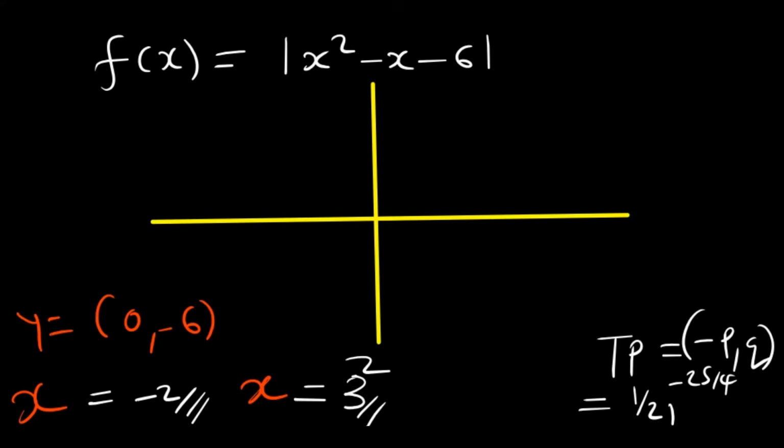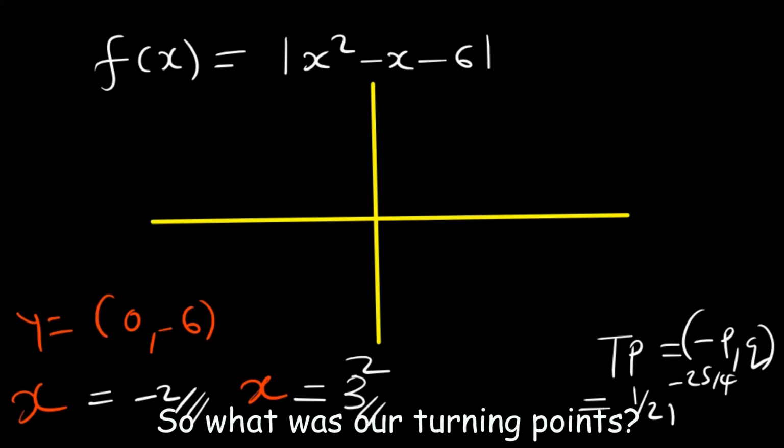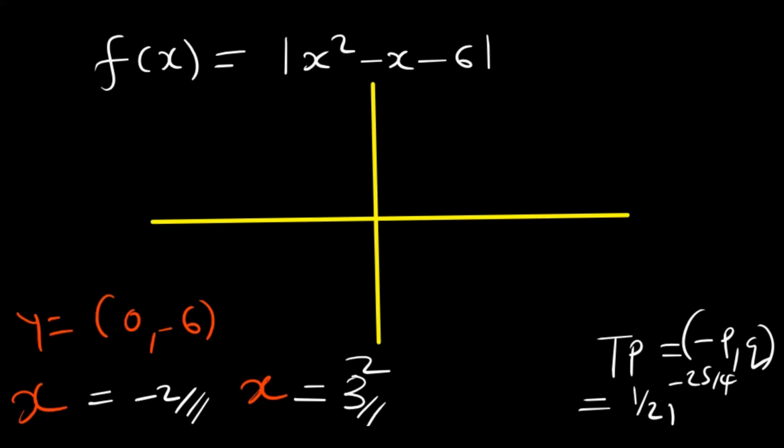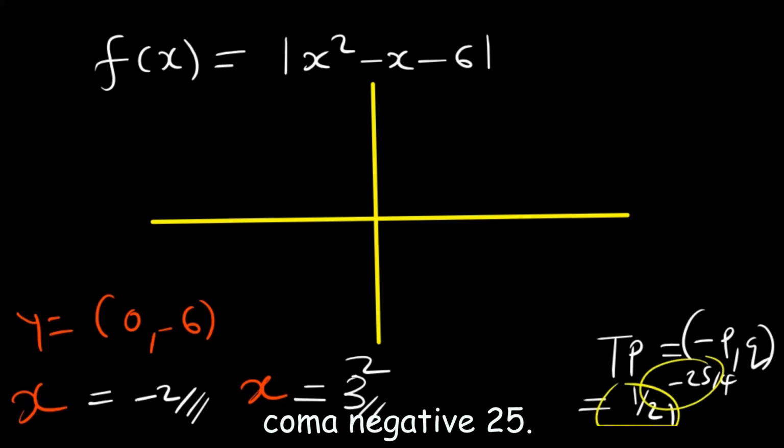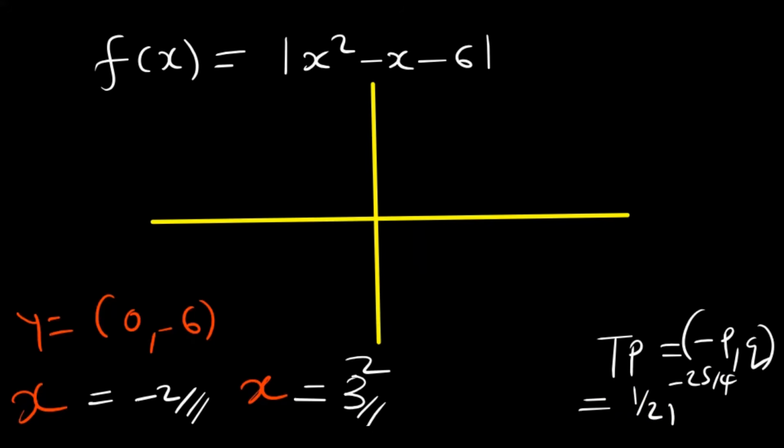Okay, something like this. Then we now put our values. So what was our turning point? Our turning point was something like half, negative 25. So let's say 1 is somewhere here, then half maybe is just in this line.